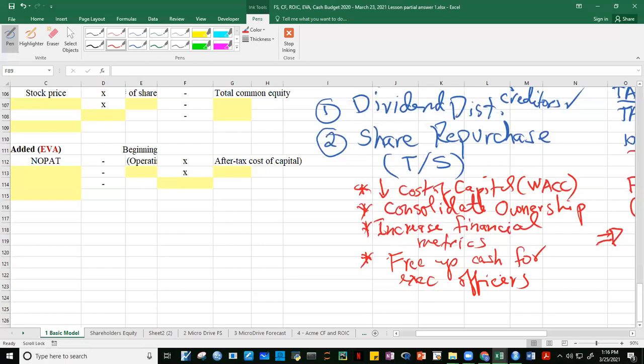This is for the executive officer bonuses. Okay, that's the bone of contention, guys, because the share repurchase can be used for executive officer bonuses. And so this one, guys, will result in what we call a blank problem.